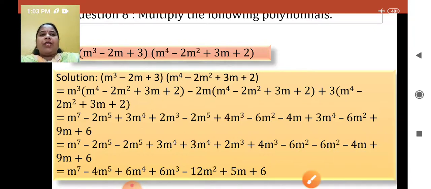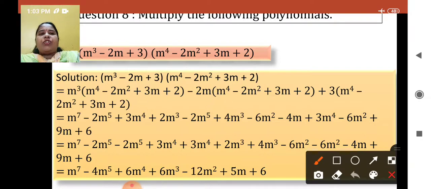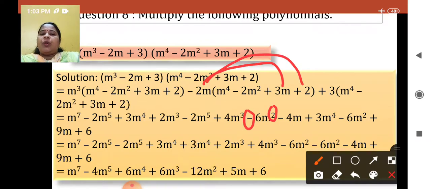After that, again this minus 2m is to be multiplied with plus 3. Plus into minus is minus. 3 2s is 6. M into m is m square. Again minus 2m is to be multiplied with 2. Plus into minus is minus. 2 2s is 4m. This way all the terms are multiplied.